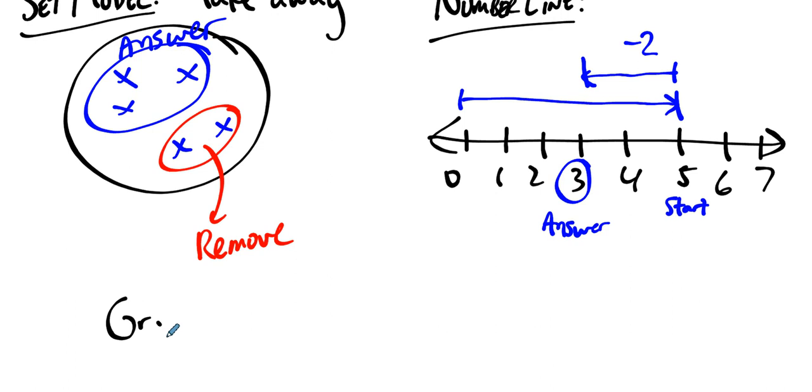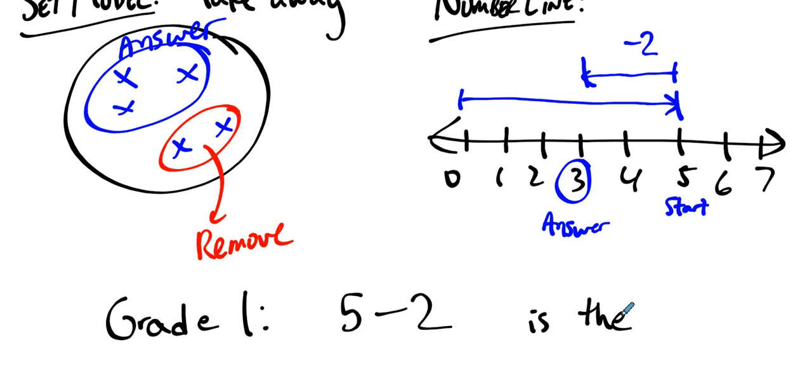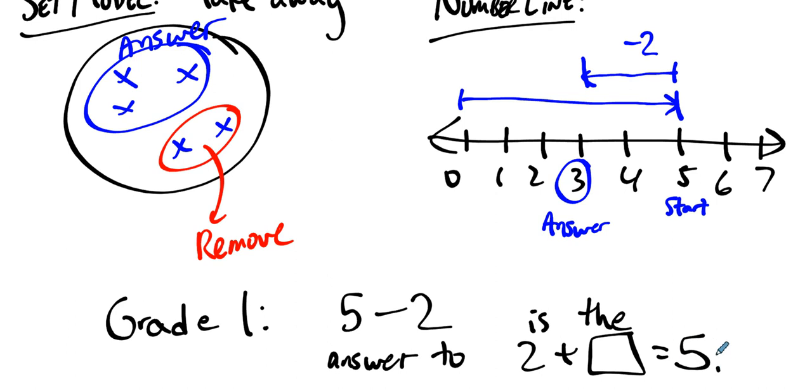A grade 1 student should know that 5 minus 2 is the answer to 2 plus something equals 5. We expect 6-year-olds to do this. Okay, so you've got some models. You can work with young people. There are algorithms that'll come in other videos. For now, just models.